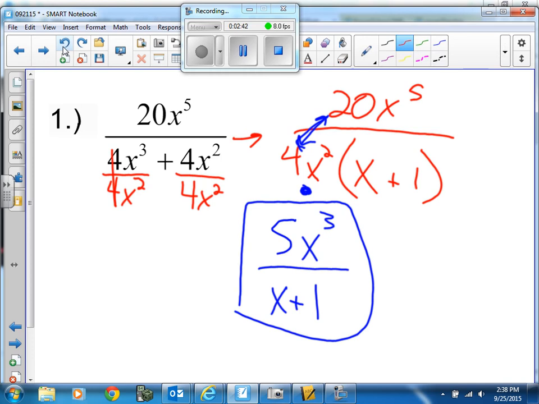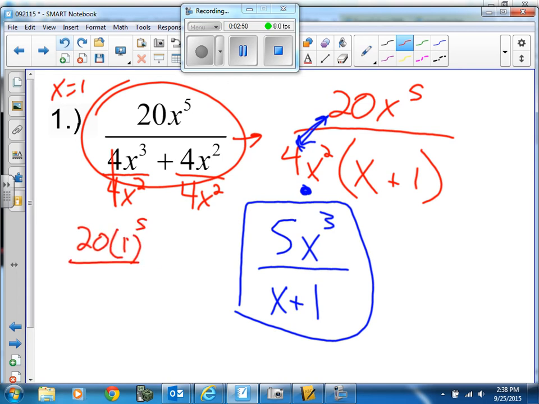If x equals 1, I'd get 20 times 1 to the fifth all over 4 times 1 to the third plus 4 times 1 squared. That would equal 20 times 1 to the fifth, so that's just 20 on top. And 4 times 1 to the third is just 4, plus 4, so that's just 20 over 8.